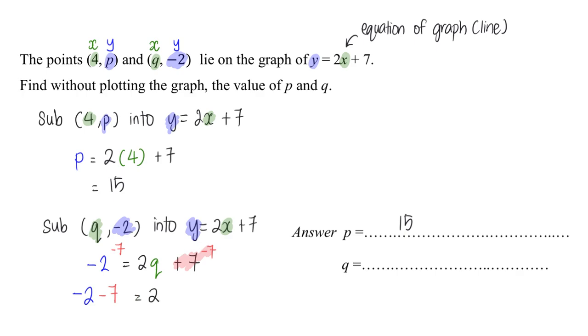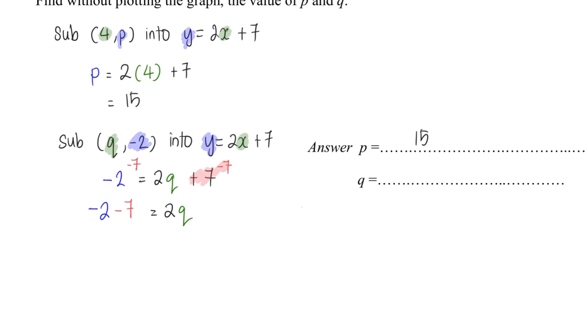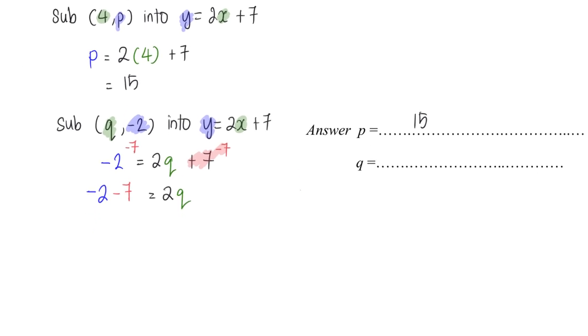So 2Q, I'll probably continue to write Q in green color. Let's continue. I'm going to push this screen up a little bit. Color code this: negative 2 and negative 7 will give me negative 9 equals 2 times Q.